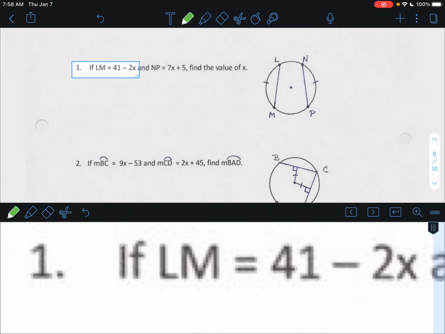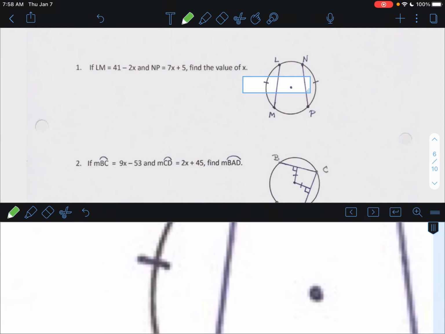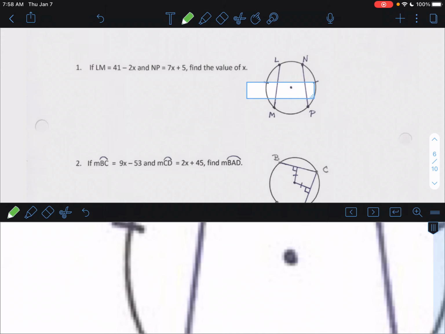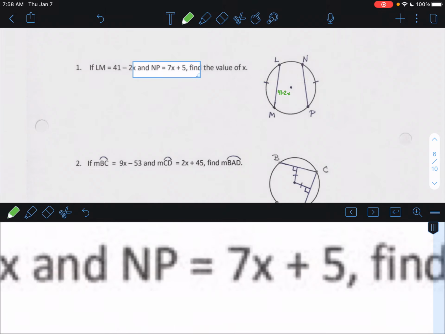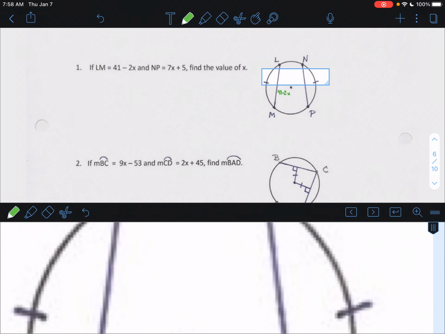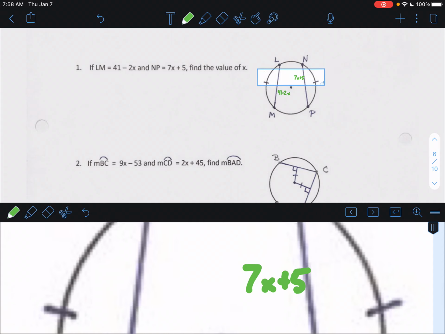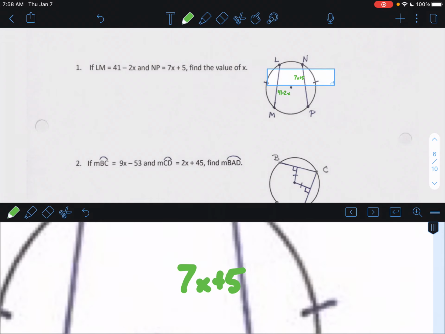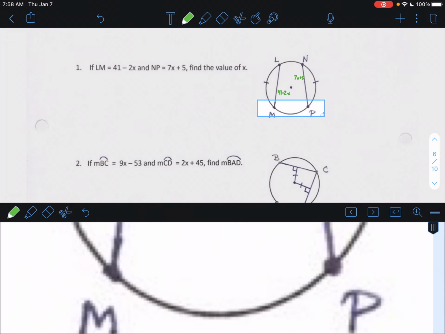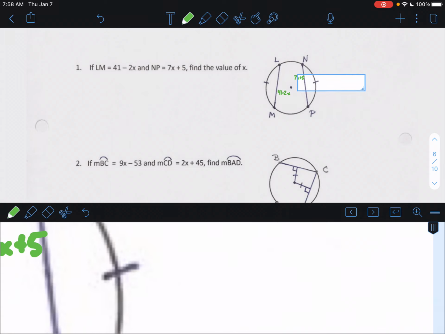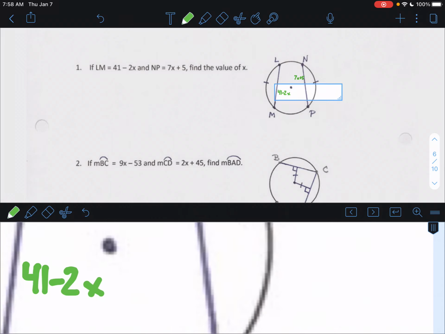Okay, so some examples of these properties. First we have, if LM equals 41 minus 2x, so I'll go ahead and label that, this is LM, that's 41 minus 2x, and NP equals 7x plus 5, so there's NP, that's 7x plus 5. Find the value of x. LM and NP are just two chords, but I see that their arcs are congruent.